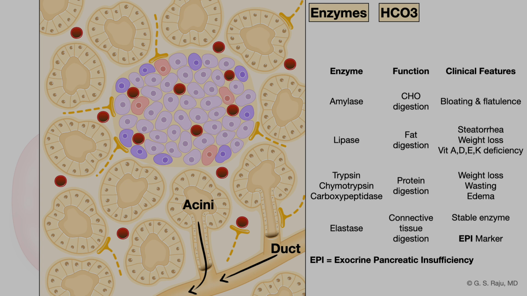So in exocrine pancreatic insufficiency, at the extreme end, you may also notice deficiency of fat-soluble vitamins, vitamin A, vitamin D, vitamin E, and vitamin K. I hope this is helpful. Next, we will talk a little more about how you diagnose exocrine pancreatic insufficiency, some of the details that are much more important for residents and trainees, especially fellows. Thank you.